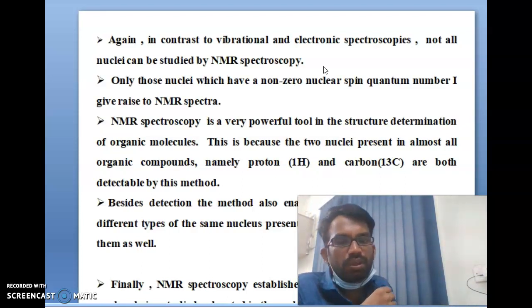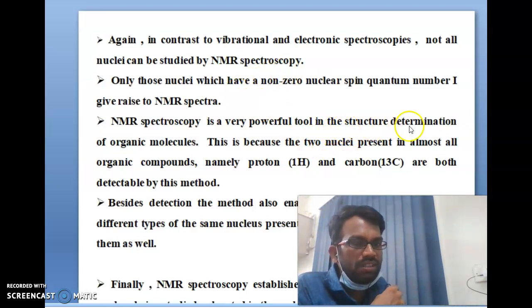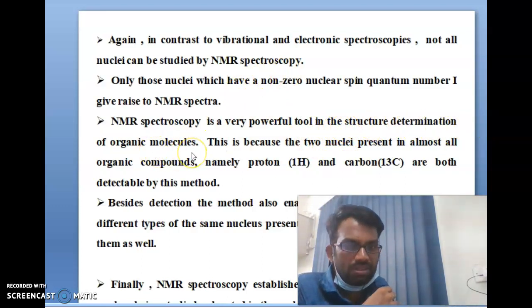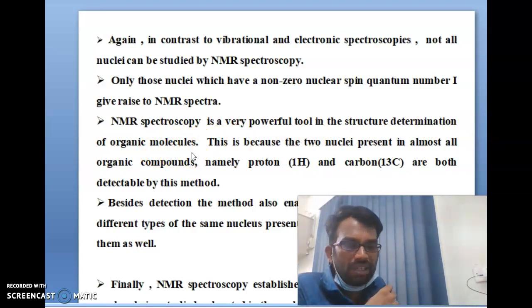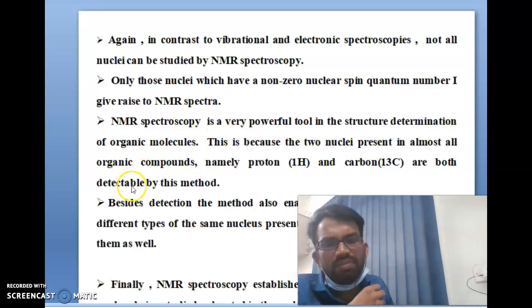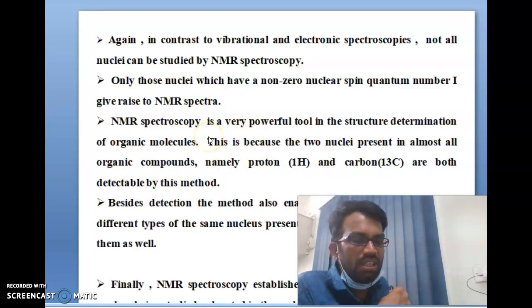NMR spectroscopy is a very powerful tool in the structure determination of organic molecules. Not only organic molecules and biomolecules; nowadays NMR has a lot of applications, like medical and agriculture, in almost all disciplines.